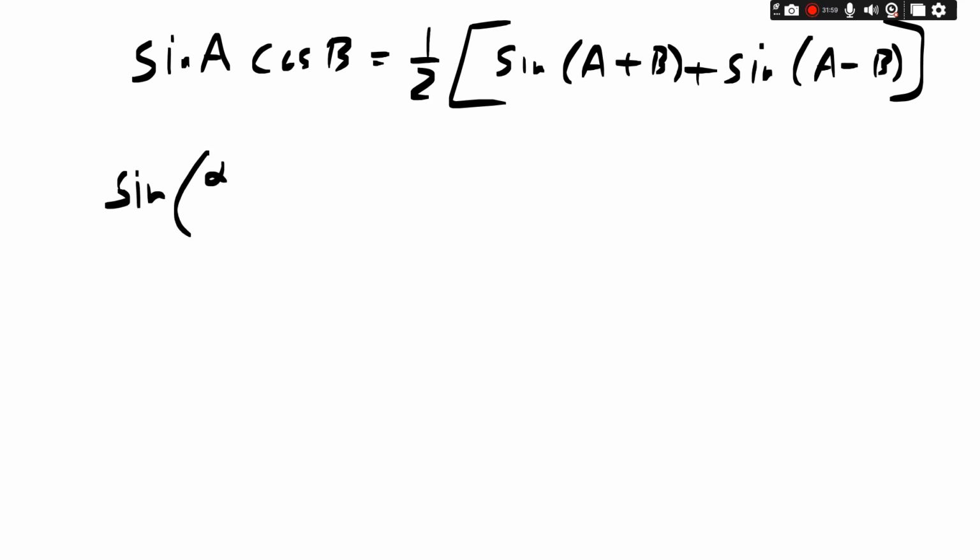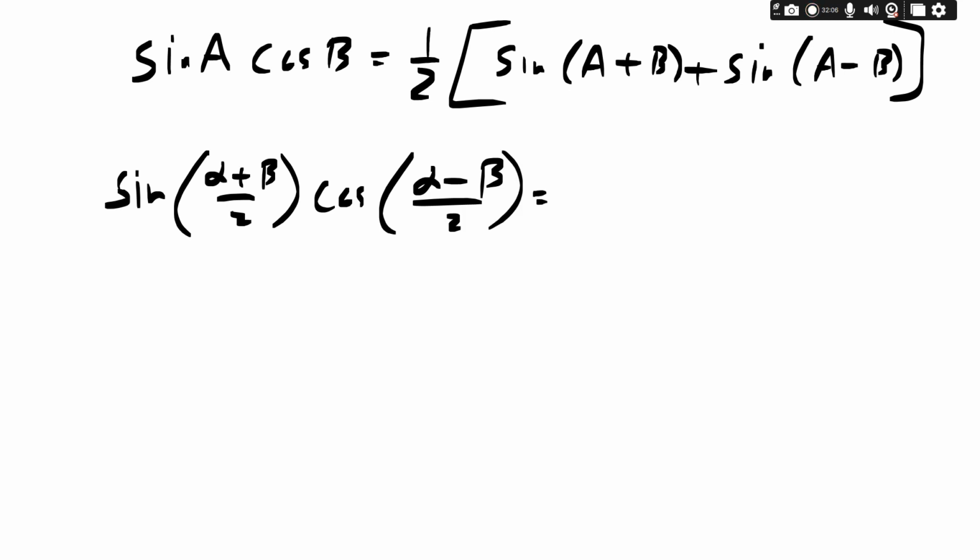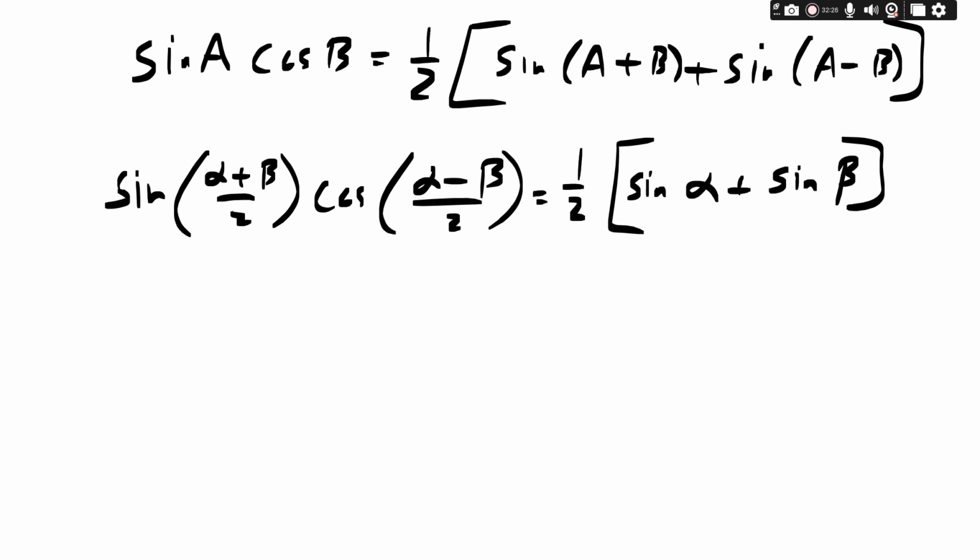So sine of alpha plus beta divided by 2, cosine of alpha minus beta divided by 2 equals 1/2, and then this is just going to be sine of alpha, right? Because remember, by definition, alpha was just A plus B. This is sine of beta, because by definition, as we made it, beta was just A minus B.